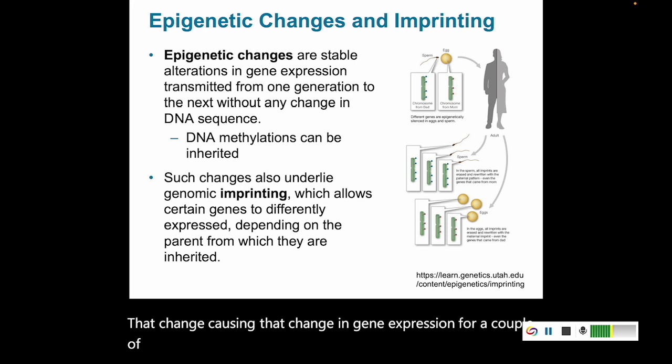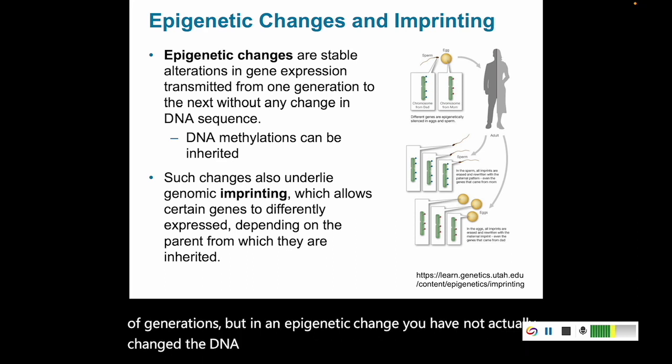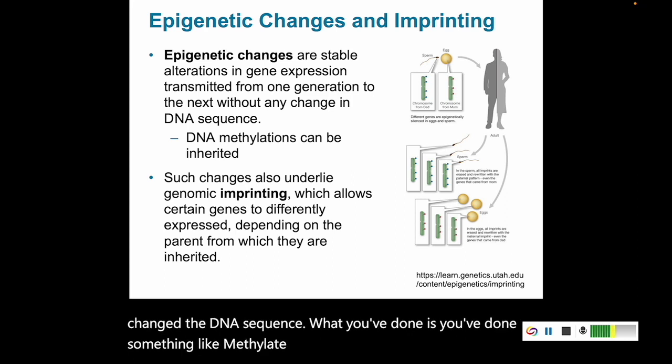But in an epigenetic change, you have not actually changed the DNA sequence. What you've done is something like methylate your DNA, and it's done so stably that it can actually be inherited.